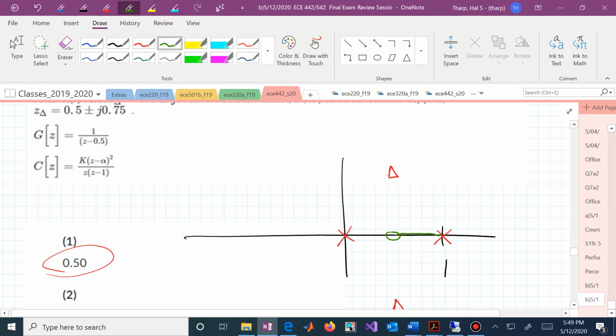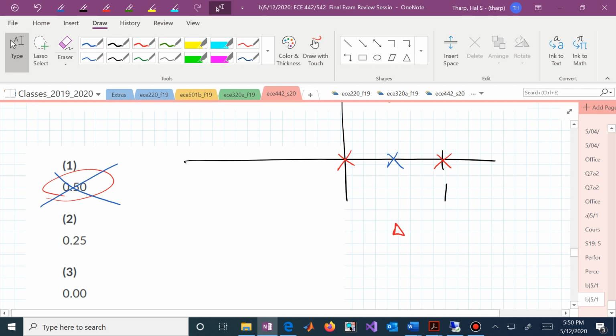Well, now the root locus is there and here, and there's no way that you get up to that triangle. So that's not going to work. This one is no good.